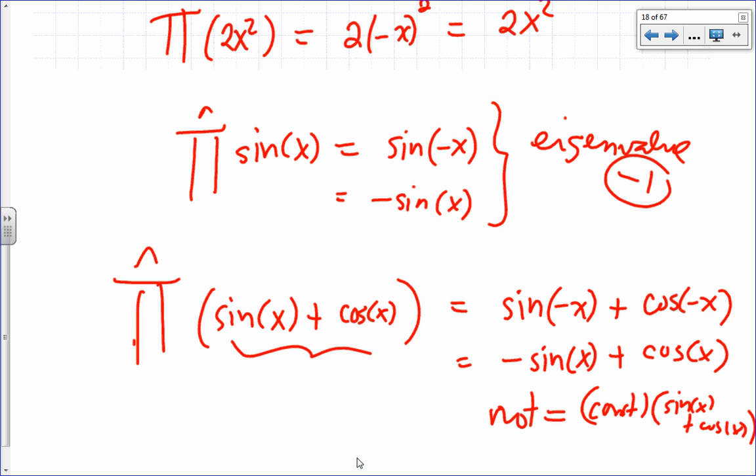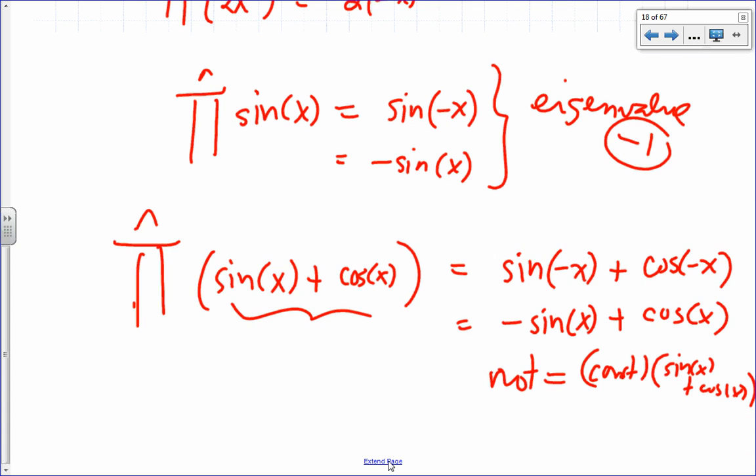So an even function is symmetric, an odd function is anti-symmetric. But if it's not an even or an odd function, it's a combination of both, then you'll end up with a function that is not an eigenfunction of the parity operator.